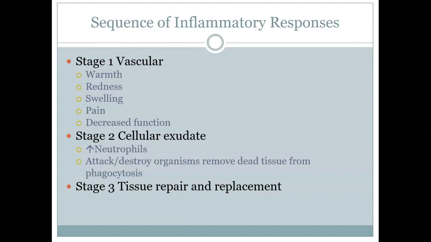And then we have stage 3, which is tissue repair and replacement, where the white blood cells trigger new blood vessel growth, scar tissue forms, and sometimes the patient may have some loss of function at that point to that area. Okay.